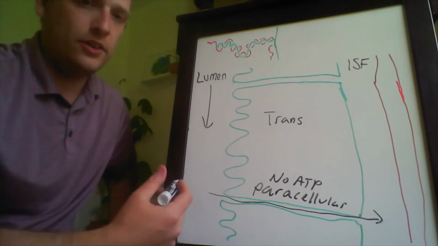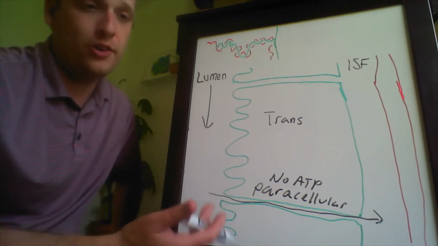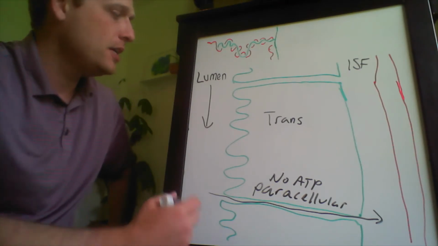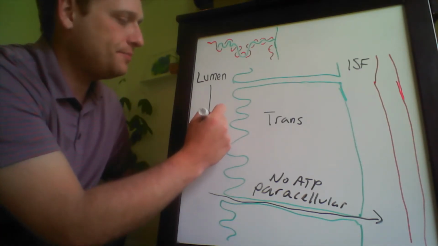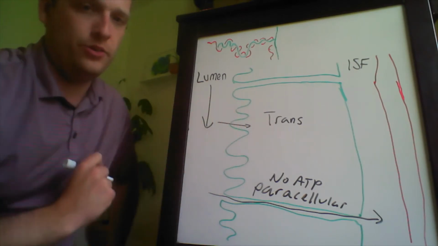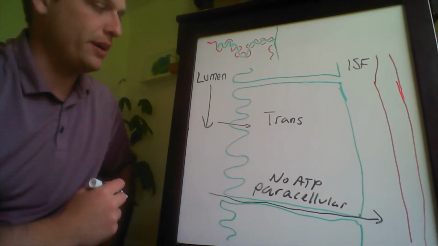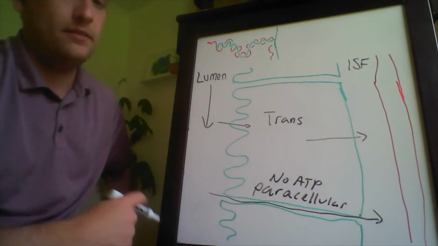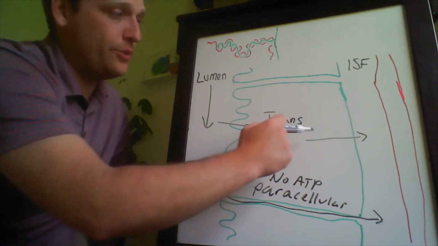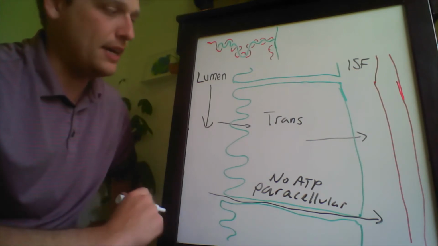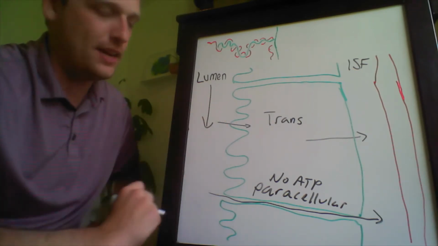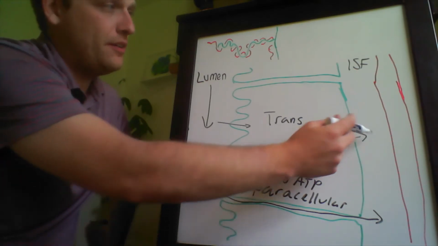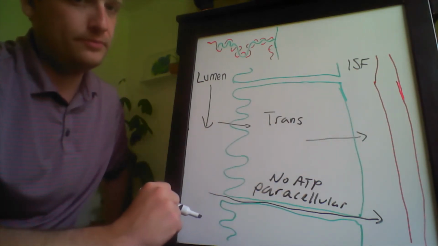And how this occurs is the same as transcytosis, that when we studied cellular transport, is you'll have a substance being taken into the cell across the plasma membrane, and that substance is basically spit out the other side through the basal side. So the apical side of the cell faces the lumen.